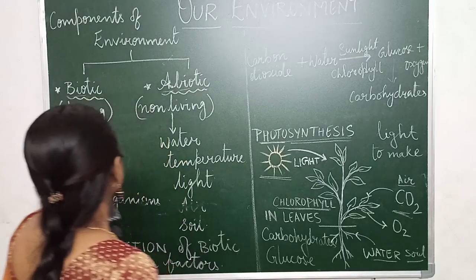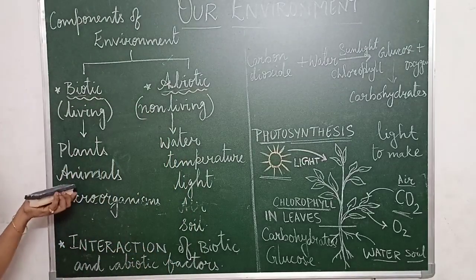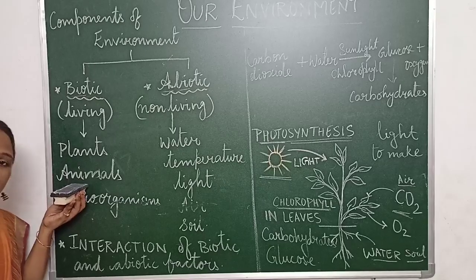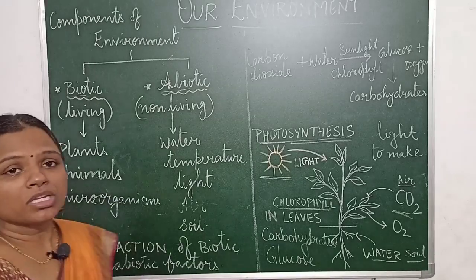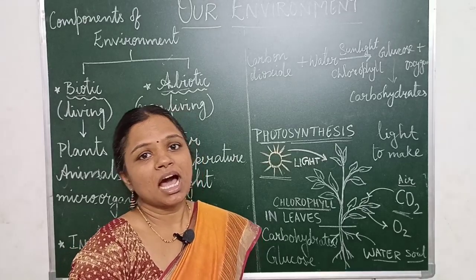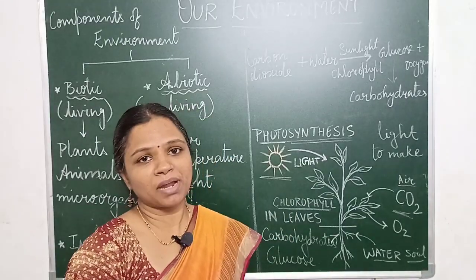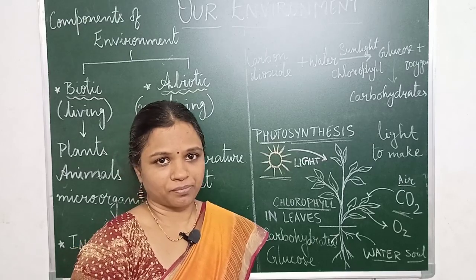Now let us know more about one more component of living organisms, that is nothing but animals. So how these different categories of animals are present and how we are actually dependent on these green plants, we will see.